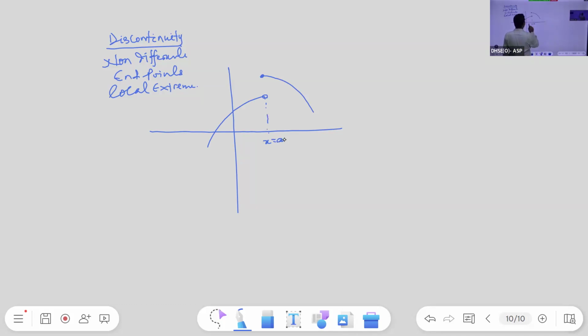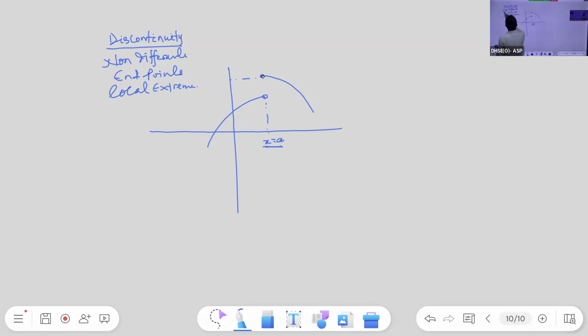From the graph of the function, it is clear that at x is equal to a, the function attains the maximum value, and that value is the global maximum value, because all other values are less than this value. So there is a chance that the global maximum value may occur at a point of discontinuity. Is it clear to you?